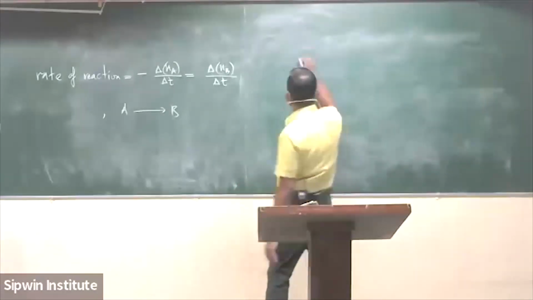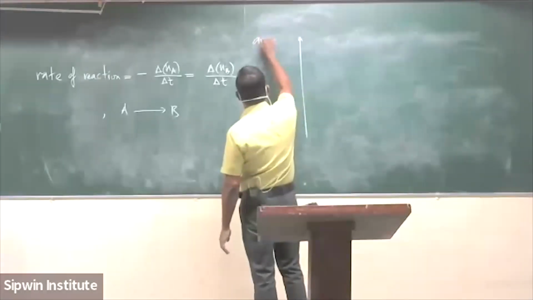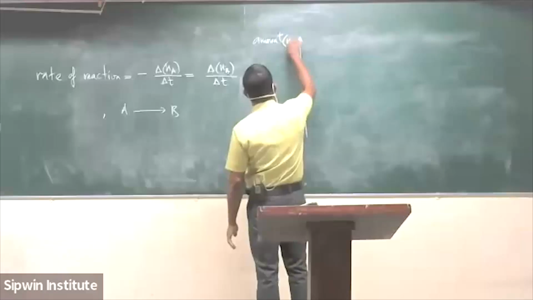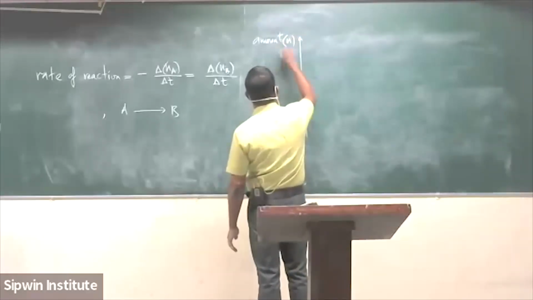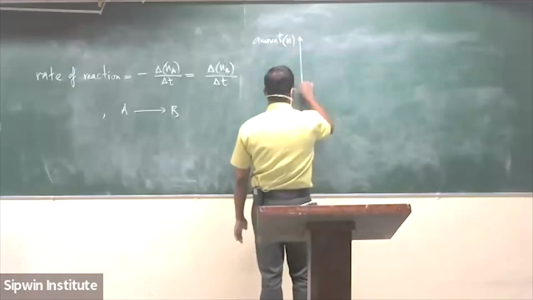What is the plot? Here amount within brackets, N, amount in moles, that idea. X-axis, time.